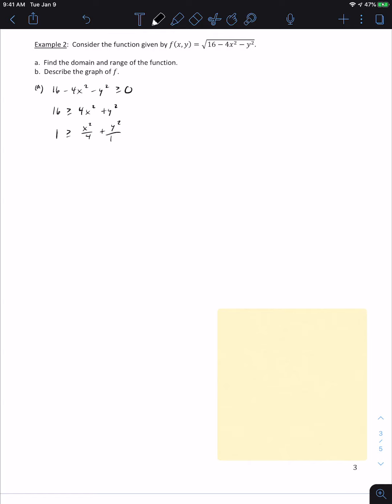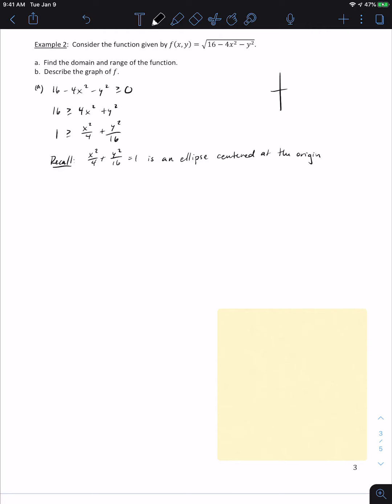This is going to be easier for us to interpret, because recall that x squared over 4 plus y squared over 16 equals 1 is an ellipse centered at the origin. We could go into details about whether it's a vertical ellipse or a horizontal ellipse. In this case, it's going to be a vertical ellipse.